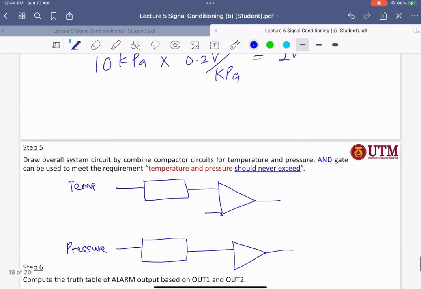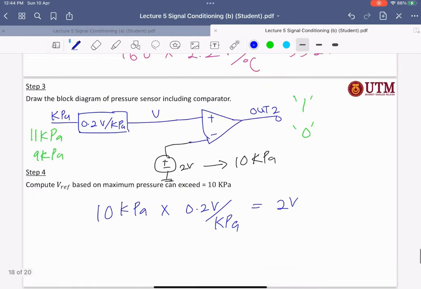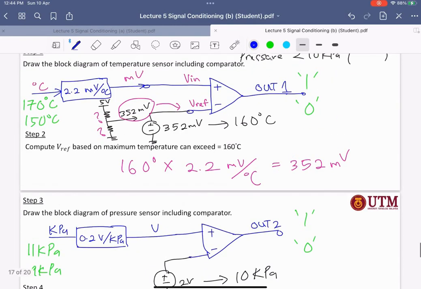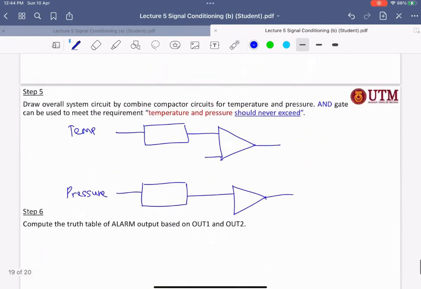So what is it, 2.2 millivolt per degree, and then this one is 0.2 volt per kPa.